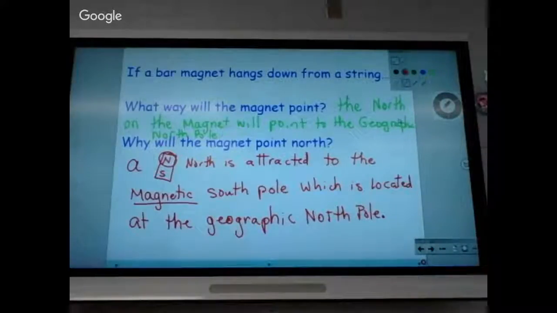I'll let you catch up and I'll point to it on the globe we drew.